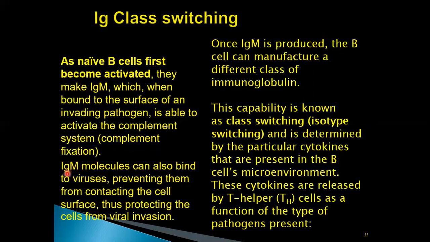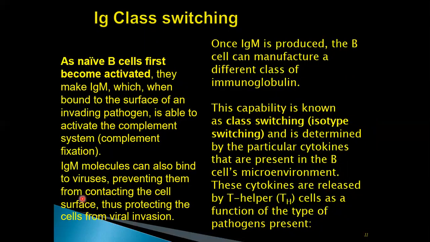And when this immunoglobulin M molecule binds to the complement, it also initiates an innate immune response. It also activates the natural immune response, or non-specific immune response. Second, this immunoglobulin M molecule also binds directly to the virus, so that it cannot contact the cell surface, protecting the cell from viral invasion.